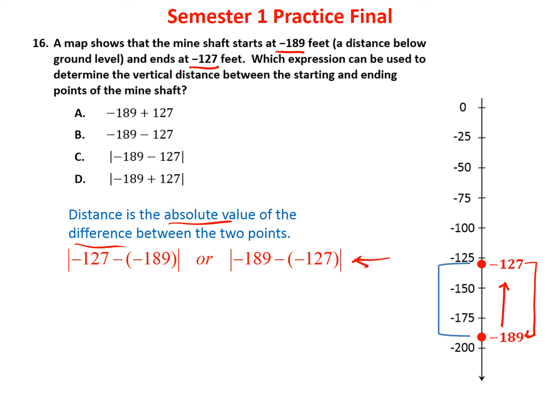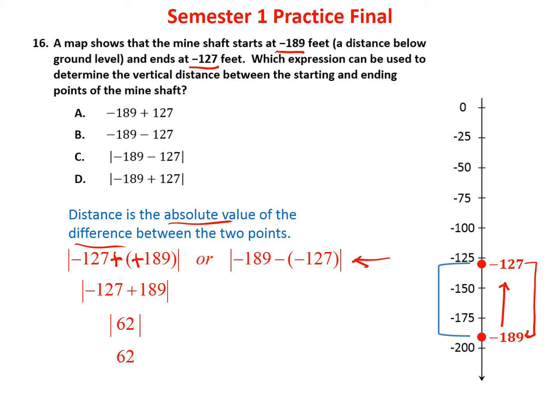And notice, first of all, when I have a minus, I can change that subtraction to adding the opposite. So I change the minus to add, and the opposite of 189 becomes positive. So we end up just adding those. So negative 127 plus 189 is 62, and the absolute value of that is 62 feet.